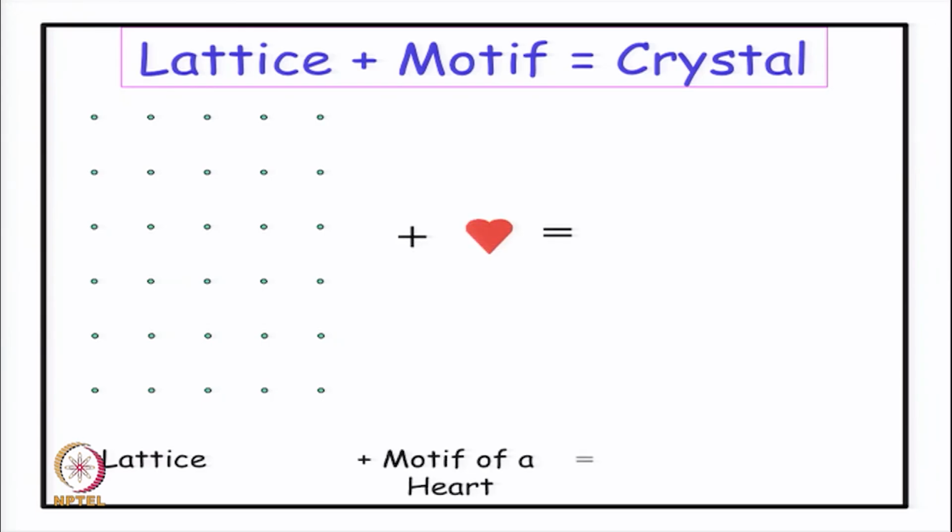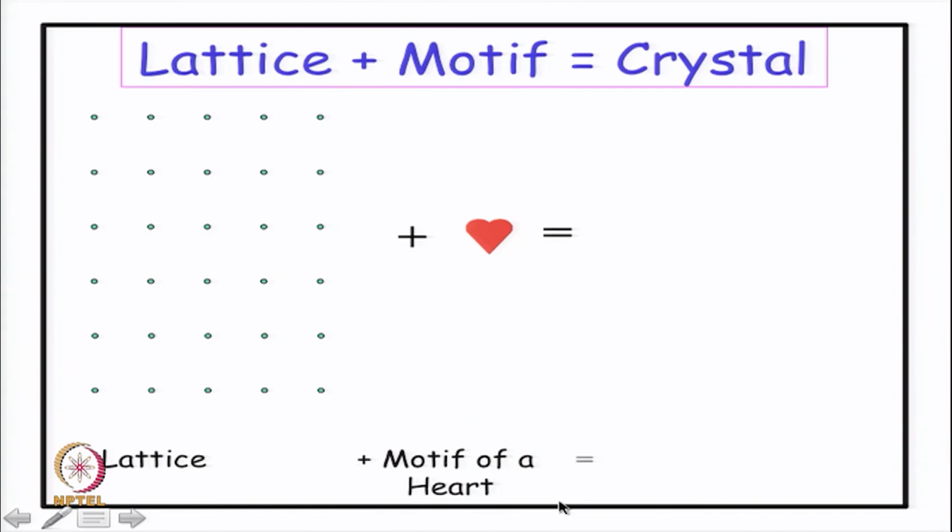So, I need the information of what I want to repeat. Instead of a red heart, I could have repeated a black heart and would have got a different pattern, or I could have repeated a circle and still got a different pattern. So, the lattice itself does not tell you what pattern you will generate. To get the information about the real pattern, you need to know what is being repeated by this scheme of lattice, and that information is contained in the motif.